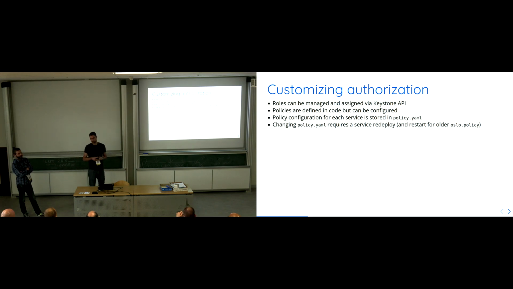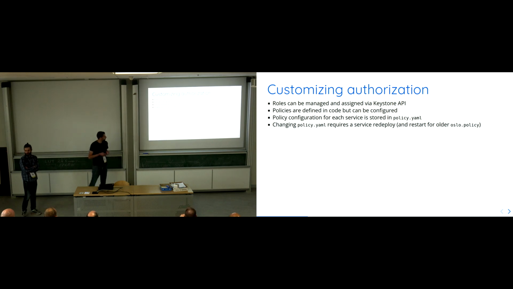Some of the Keystone policies are basically 3 lines long, a Boolean expression 3 lines long. It's impossible to actually understand it in your head. Technically, you can do a lot of things, but then there is the question of how easy it is to maintain and read, how easy it is to test, and so on. So you will see that with our approach, we are trying to solve a bit of these shortcomings.